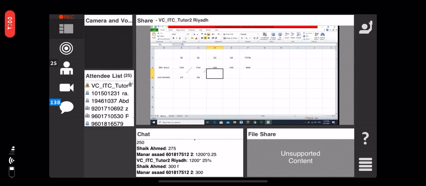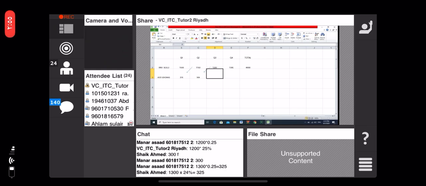Also for quarter 3, how can I find the ending inventory? 1,300 multiplied by 25%. What's the amount? 325.